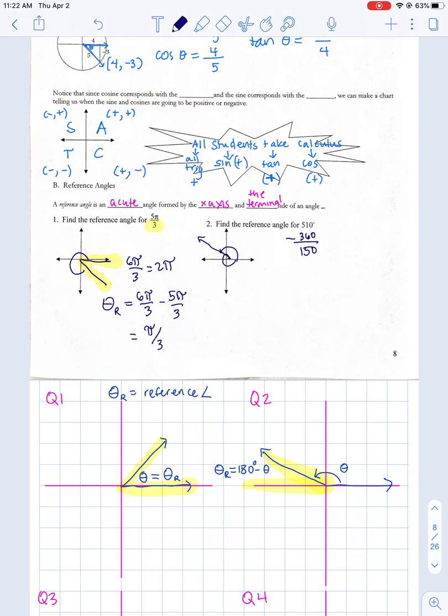And just saying it that way, we're already finding the reference angle informally. Finding the reference angle means that we're finding, again, the acute angle formed by the terminal side and the x-axis. So in this case, we would take 180 degrees minus that 150 to get that the reference angle, the acute angle, is 30 degrees. And again, it's always how far am I away from the x-axis.